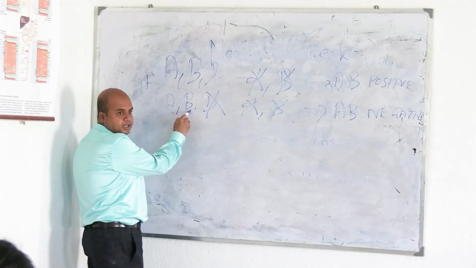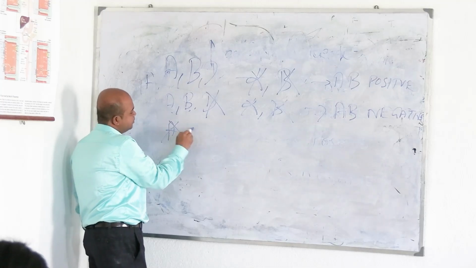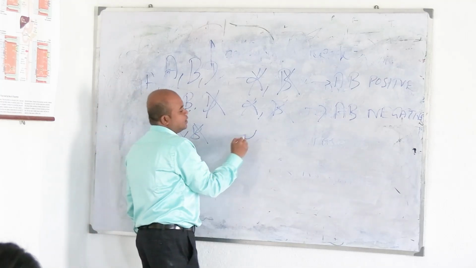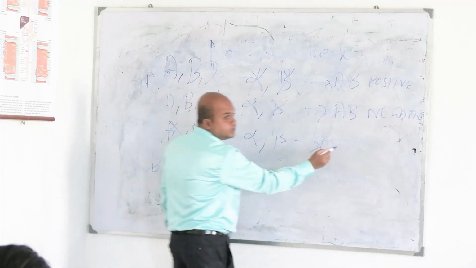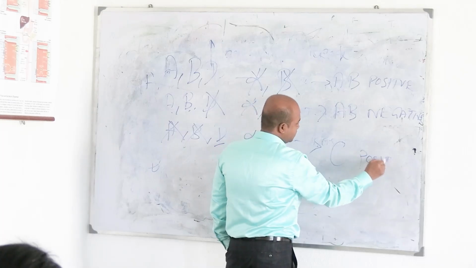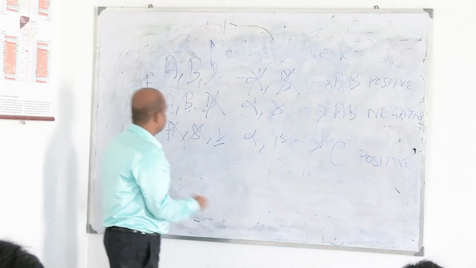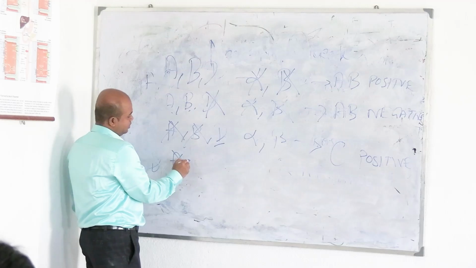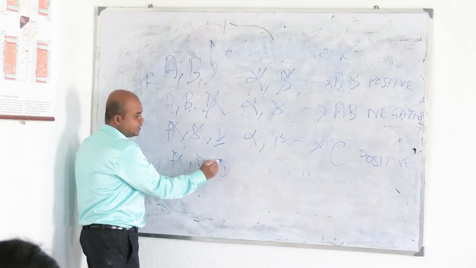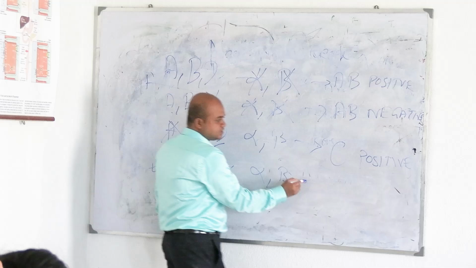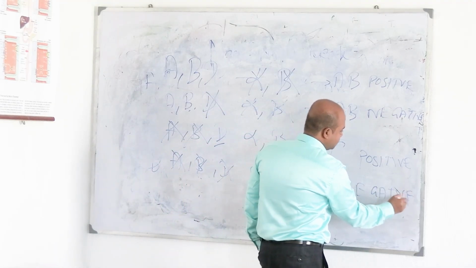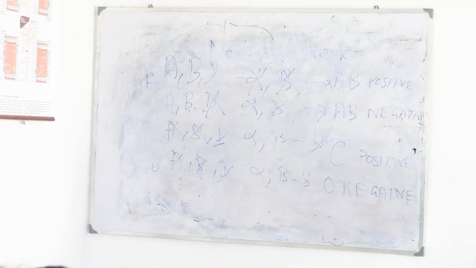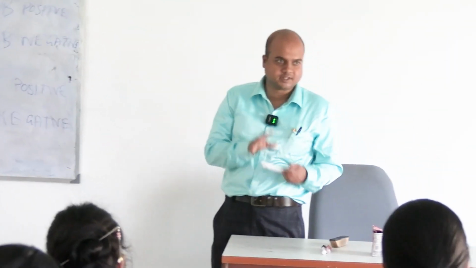If neither A nor B is present, that means A not present, B not present, alpha and beta are present, and D is present, then it is O positive. If no antigen is there, alpha and beta are there, it's O negative. Now these 8 blood types are possible considering the ABO and Rh systems together.